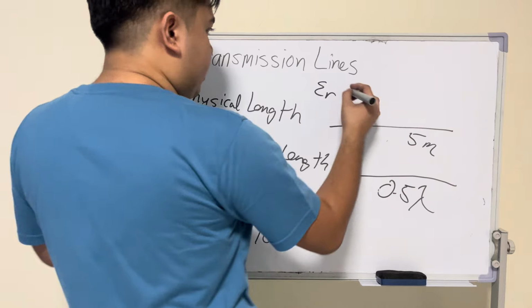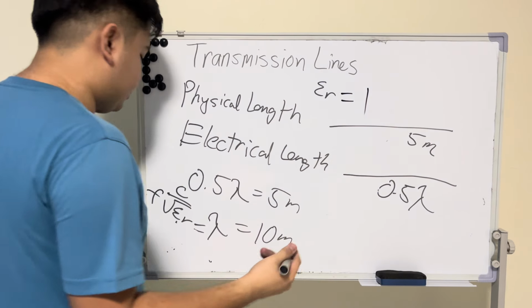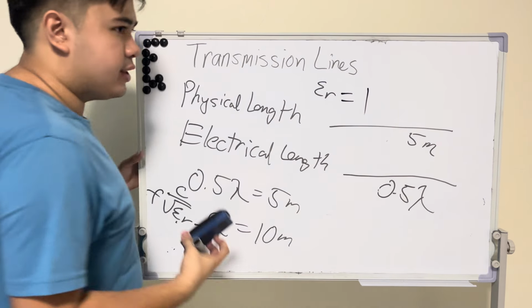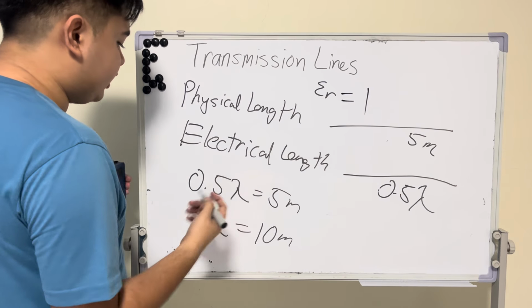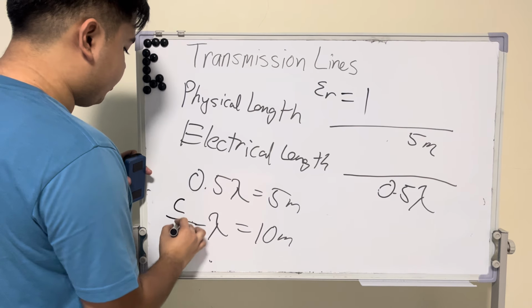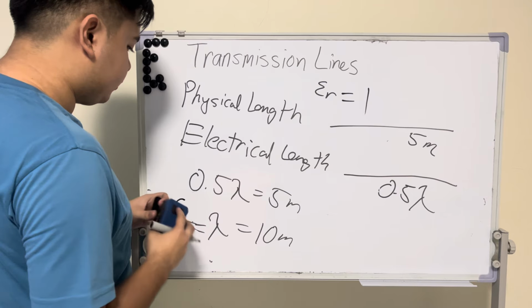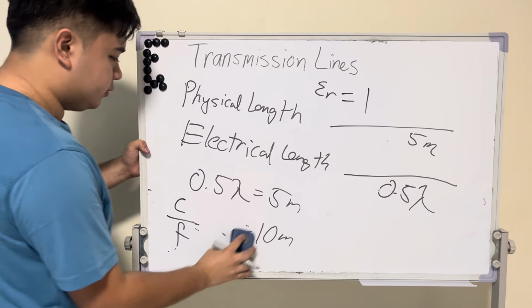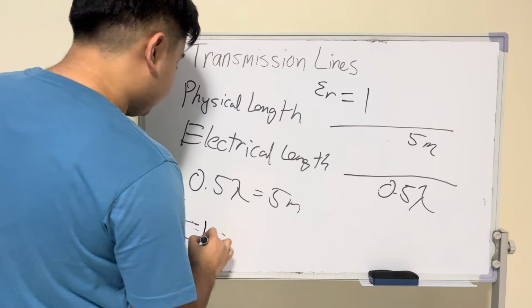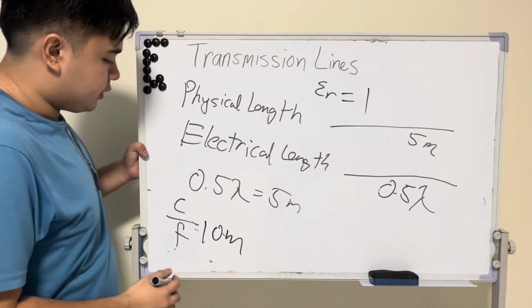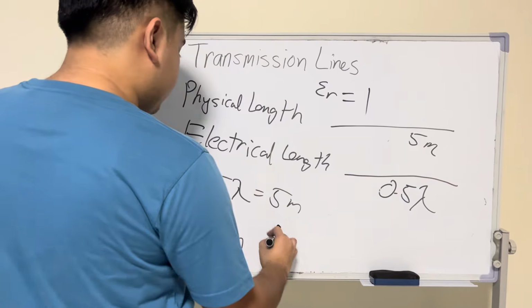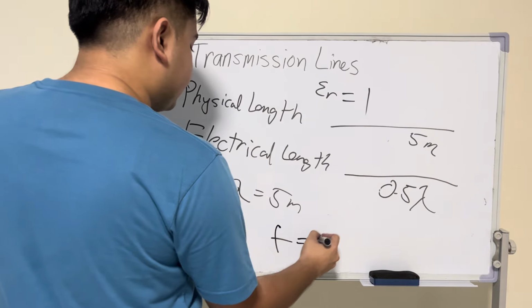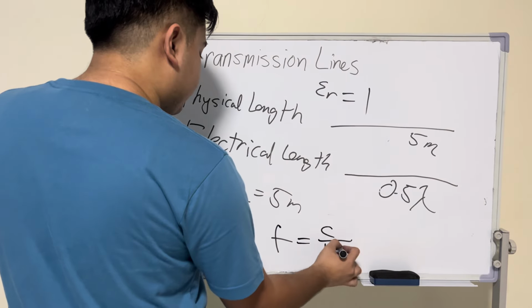Given that ER is 1, that is free space. We can eliminate the ER term altogether. We get C over F. Let me just rearrange this. In order to get frequency, we get C over 10 meters.